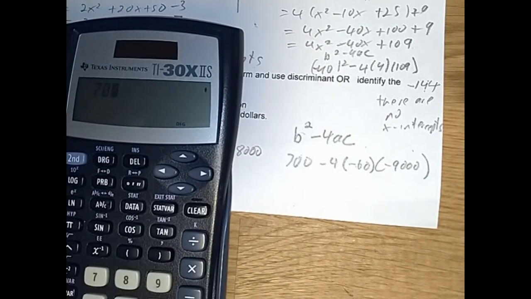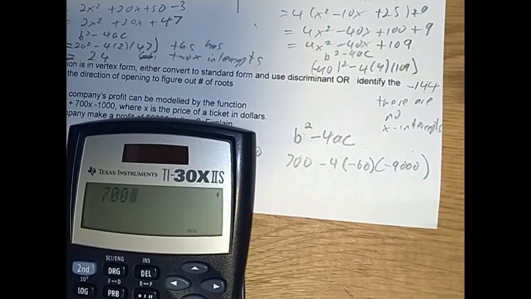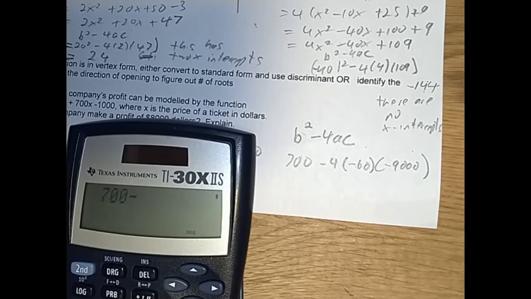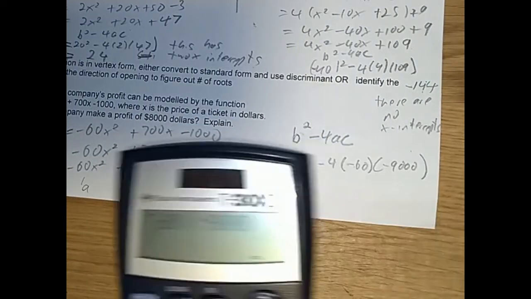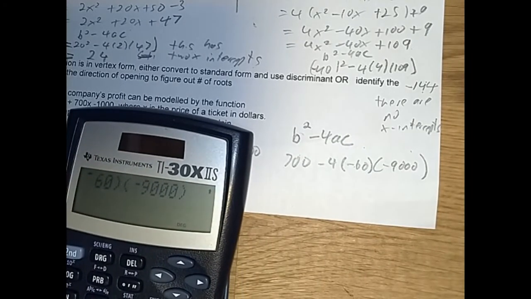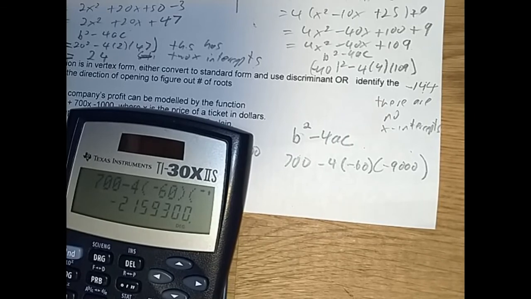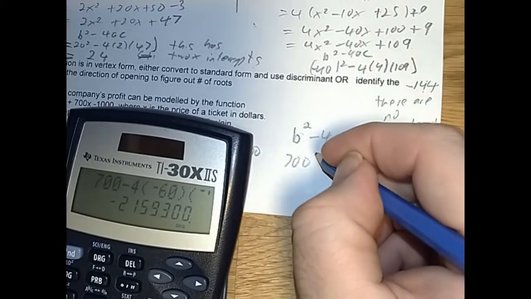So let's do the calculation here. I'm going to bring the calculator there. 700 minus 4 times minus 60, and then minus 9,000. Okay, oops, let's hit equals here. Ooh, did I forget the squared? I forgot the squared here.